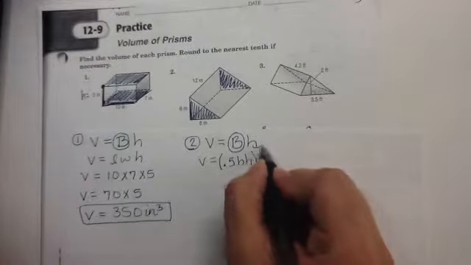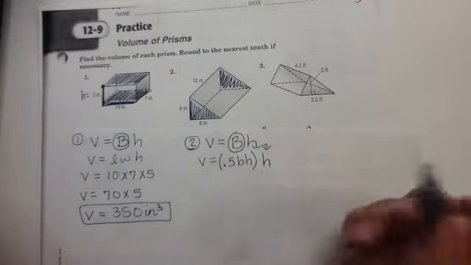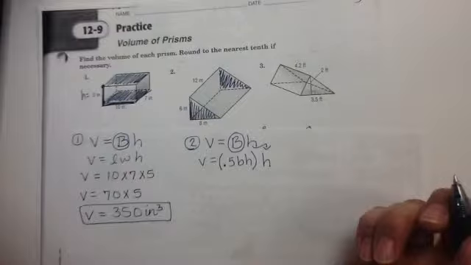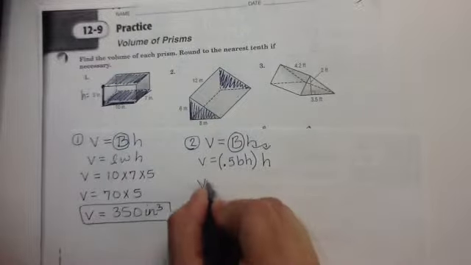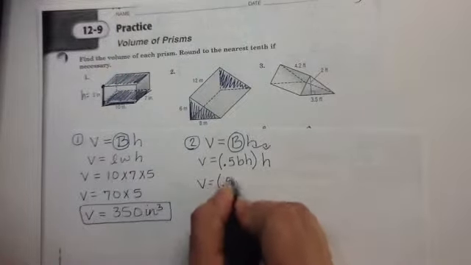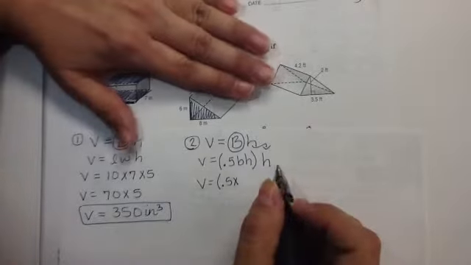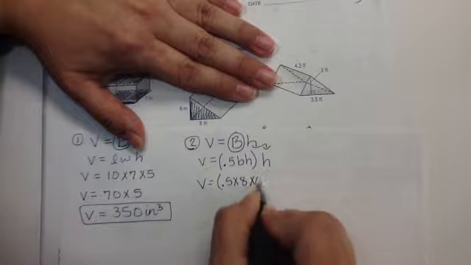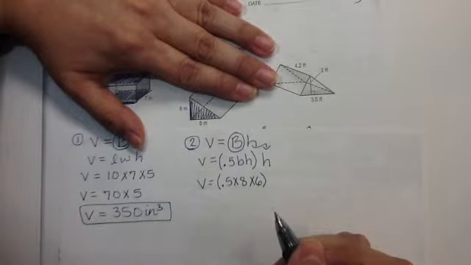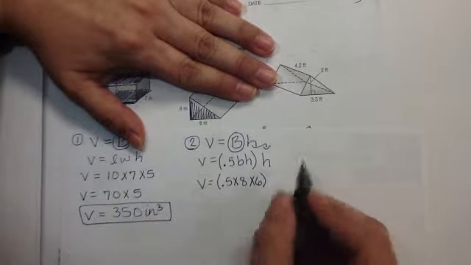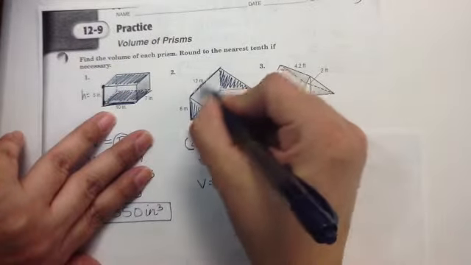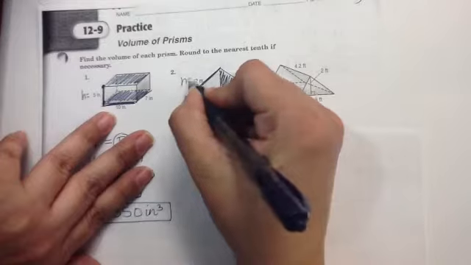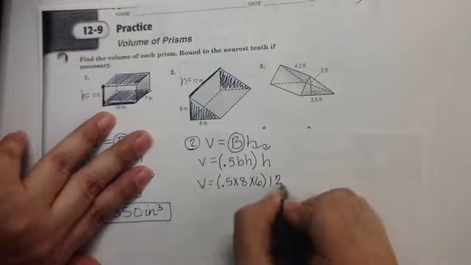And then this h, this height of the prism. Half times, only looking at the triangle, 8 times 6, close the parentheses, that's the end of the triangle. And the height of the prism is that line that connects the two bases. So this is your height, 12.